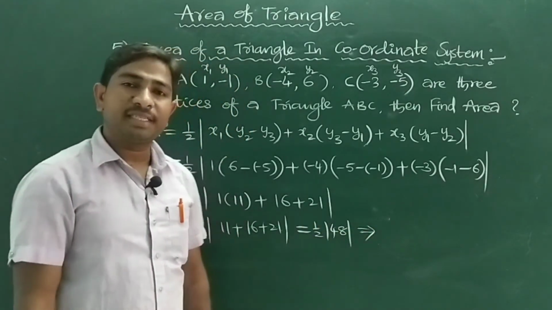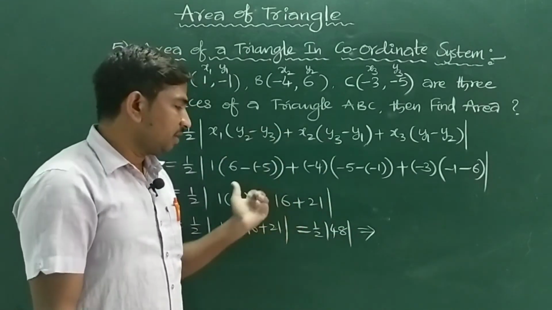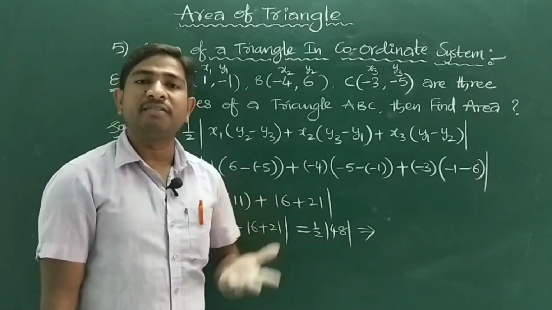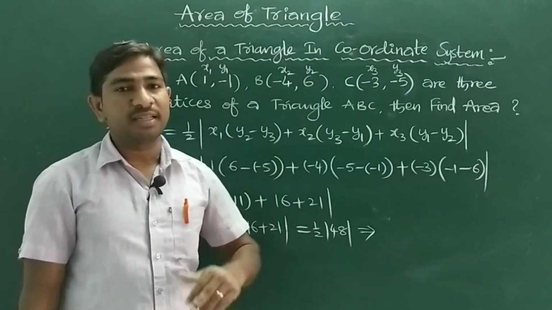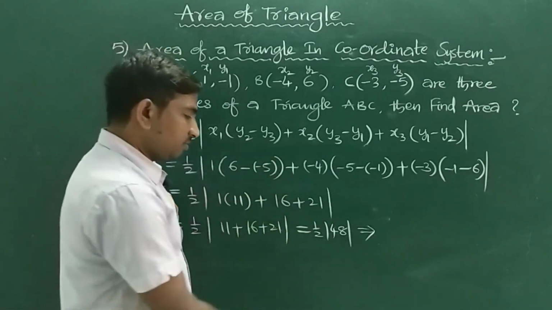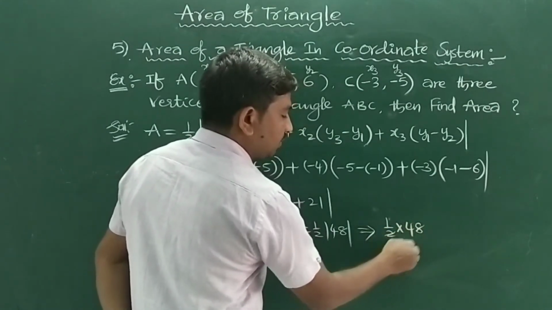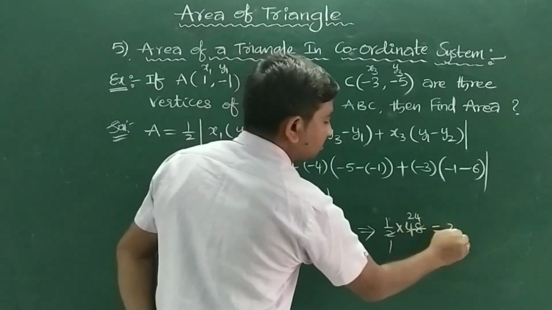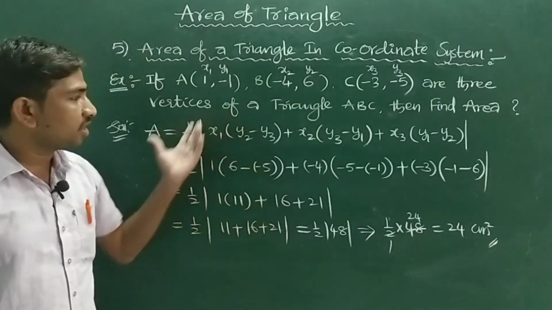Because modulus means that any value lying between the modulus will always be a positive value, because distance, length or area are not in a negative form. So that's why you can consider 1 by 2 into 48. So 2 ones are 2, 24, that is equal to 24 centimeter square, the area of this triangle.